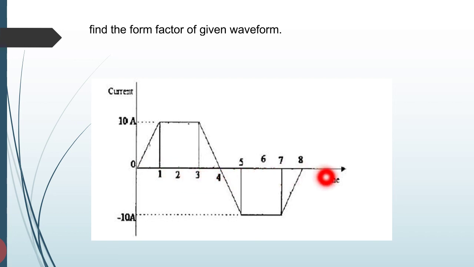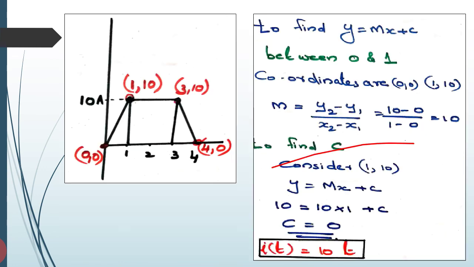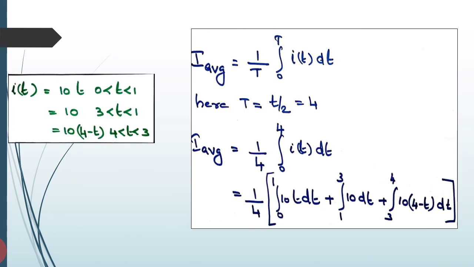In this case also we can do so. If you take the time interval as 8 and find the equation for each of the six intervals, you will obtain the same answer, 8.16. We only do the half cycle to simplify the steps, since the answer obtained for RMS is the same.